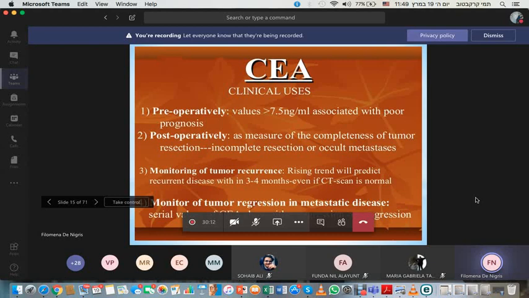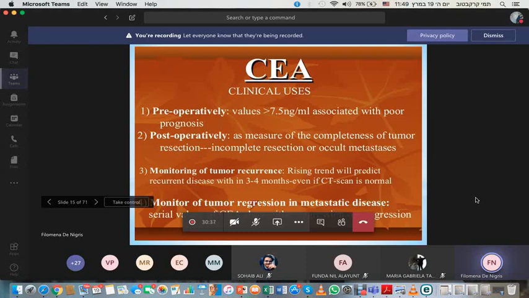So we can suspect the presence of metastasis that we cannot see with the CT or other instruments. We can wait at least 3 or 4 months before seeing the metastasis by CT scan, PET, MRI or other technology.